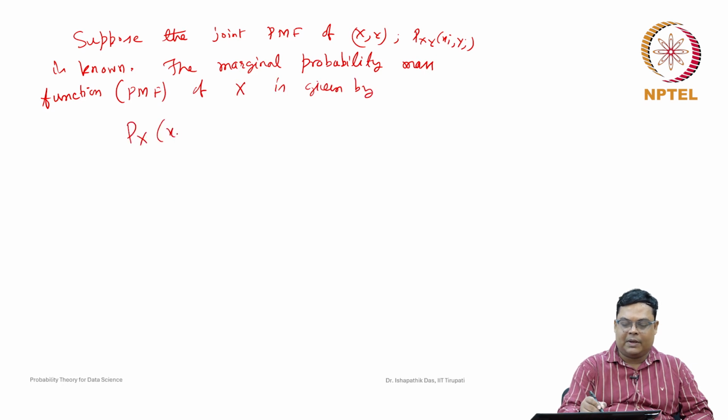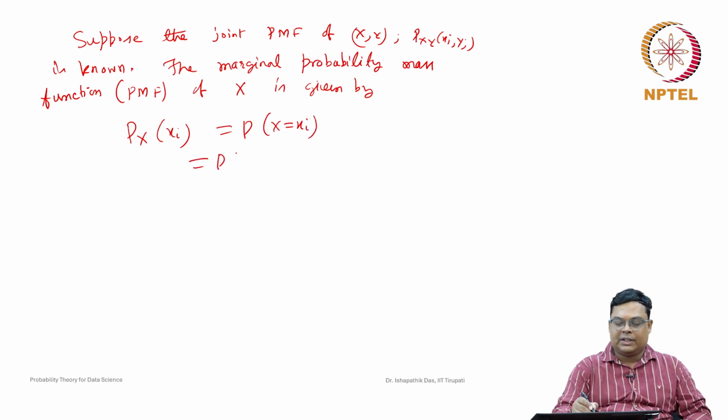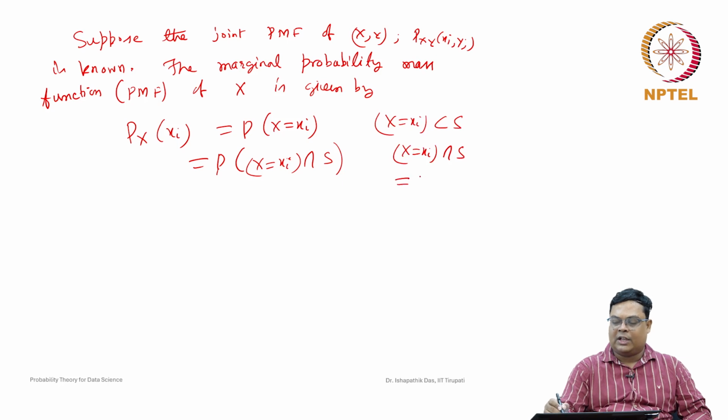This is nothing but the probability that X is equal to x_i. How will we find that? This is an event, X equal to x_i. It can be represented by an intersection with S, because X equal to x_i is a subset of S. So, it is a subset of S. X equal to x_i intersected with the sample space is nothing but just the event X equal to x_i.